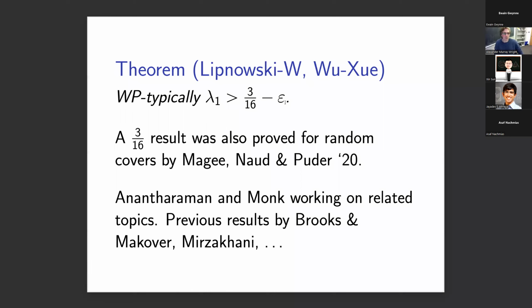And also a 3/16 result was proven for random covers previously by McGee, Naud, and Magee. All of the recent 3/16 results do seem to be the same 3/16. And I should say previously there were other results. For example, Mirzakhani showed in the Weil-Petersson model that typically lambda 1 was bigger than something like 0.02, or I forget exactly what her number was.